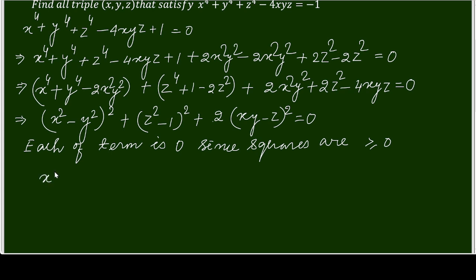So first I am getting the condition x square minus y square equals to 0, which gives us x square equals to y square, or x equals to plus minus y.